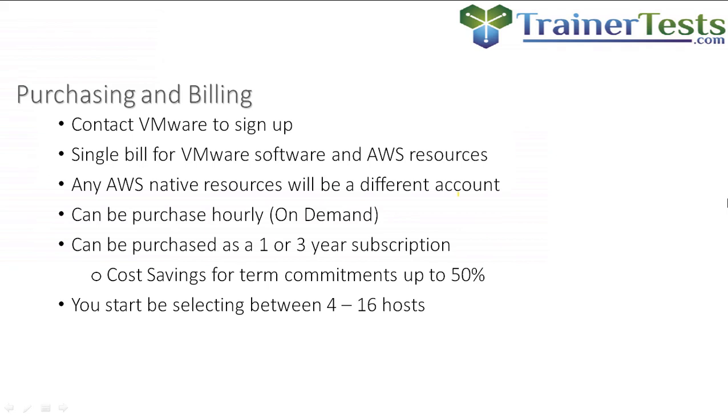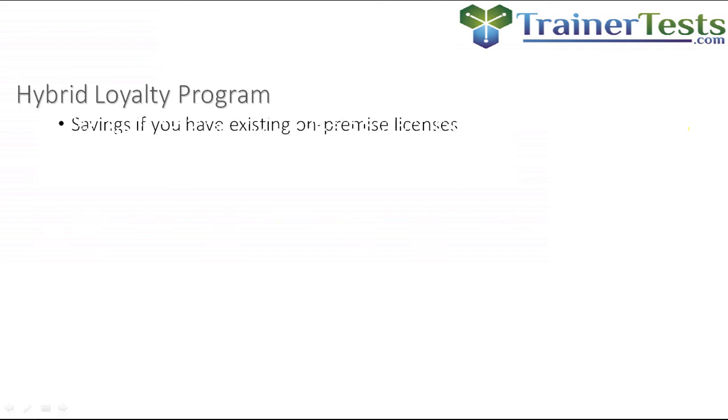Okay, another way to make this purchase a little bit more economically friendly, let's say, is something called the hybrid loyalty program. So when you look at the pricing, you may think, hey, this is pretty expensive, especially if you've already invested in on-premise licenses.